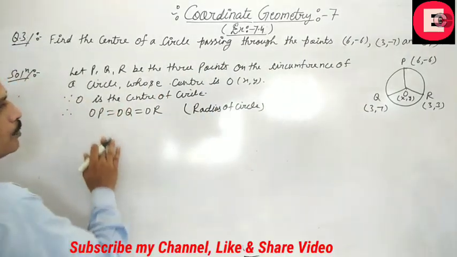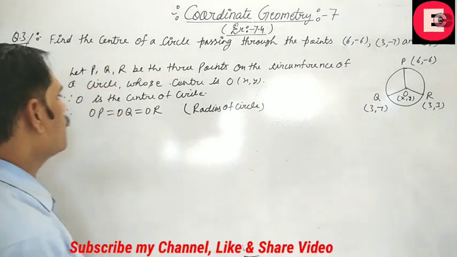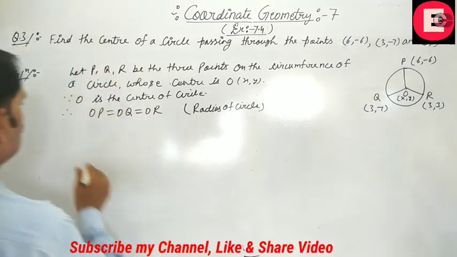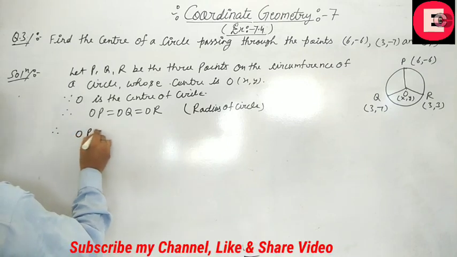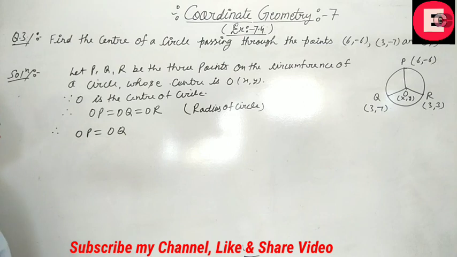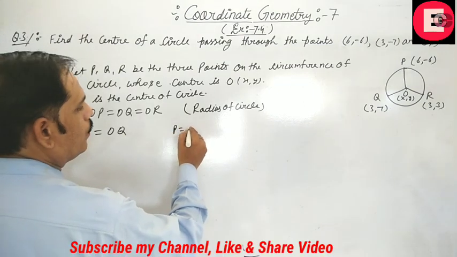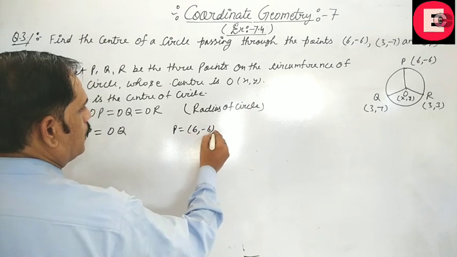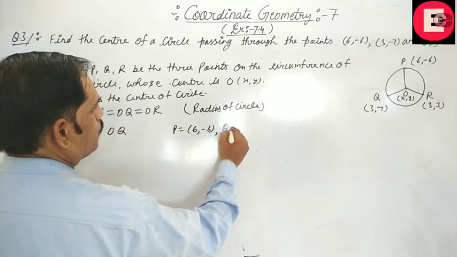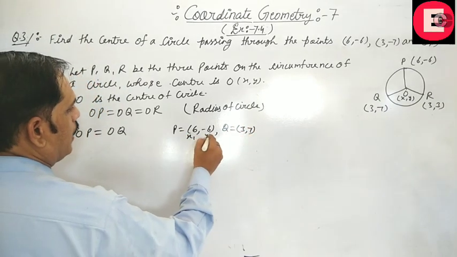So the values of OP, OQ and OR will be equal. First, OP is equal to OQ. Here P is (6, -6) and Q is (3, -7). So here is x1, y1.